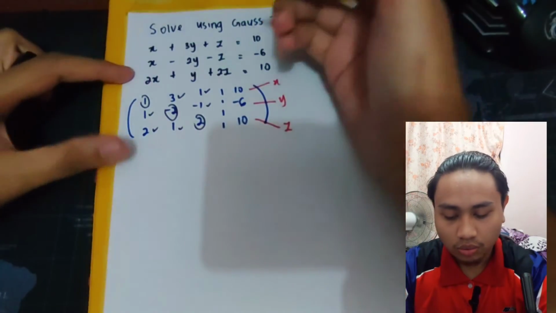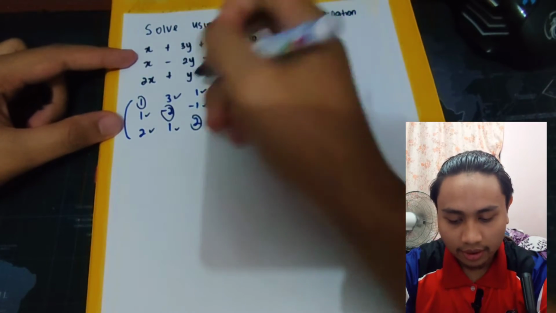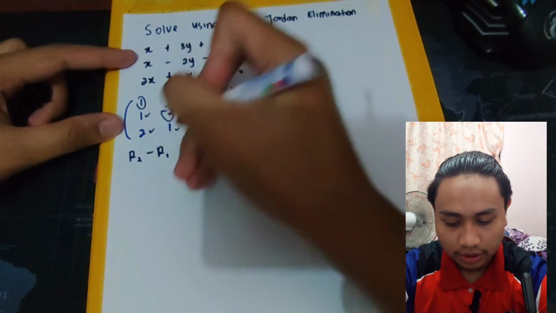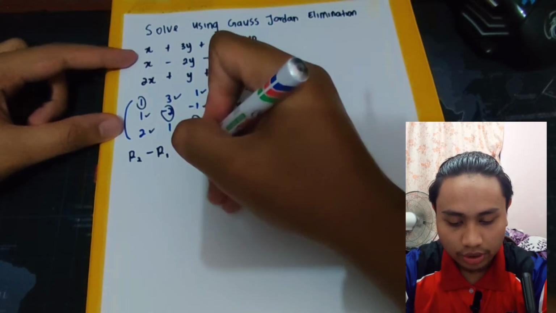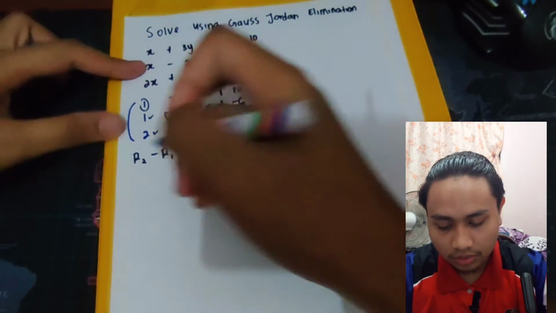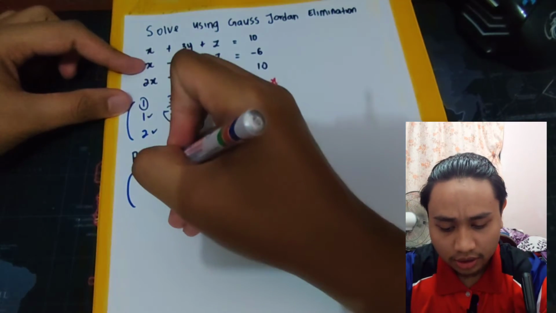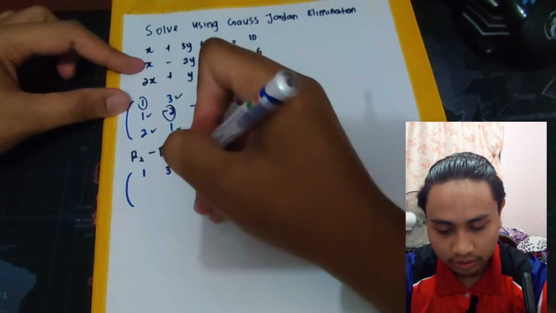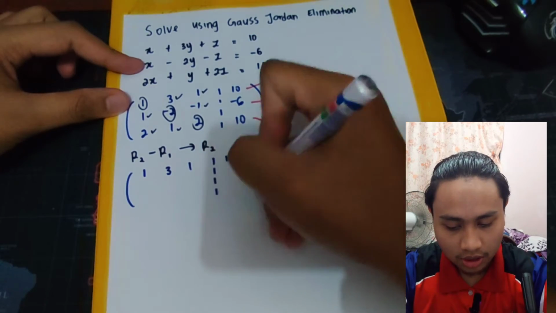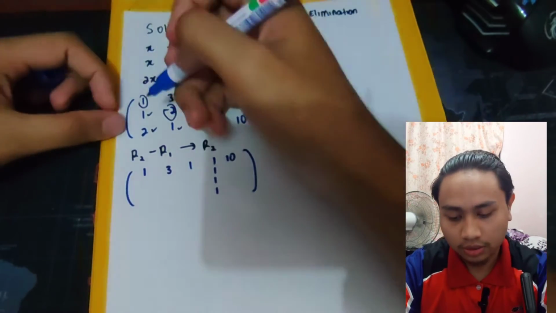So what we need to do is row 2 minus row 1, and then we write it as row 2. Row 1 we just write again because there's no operation there, and row 2 we minus with row 1.